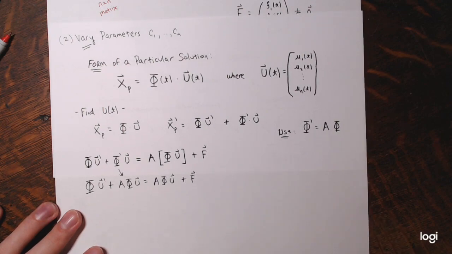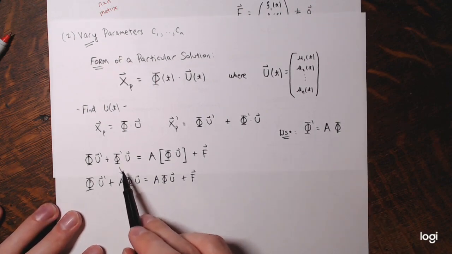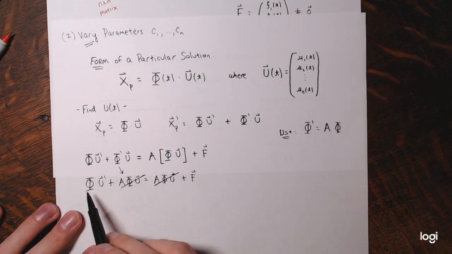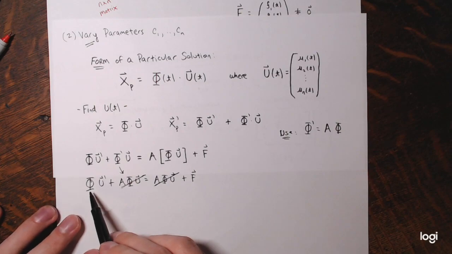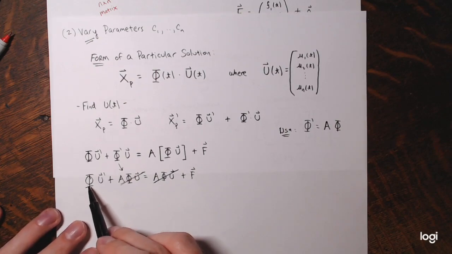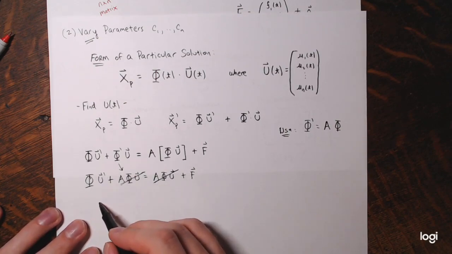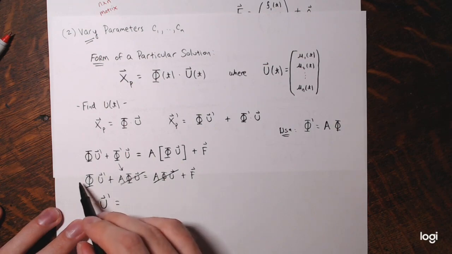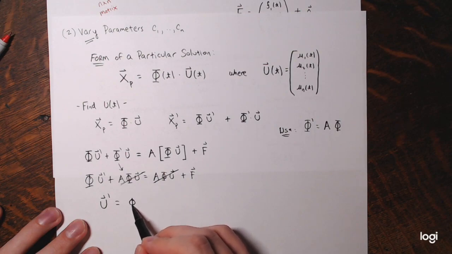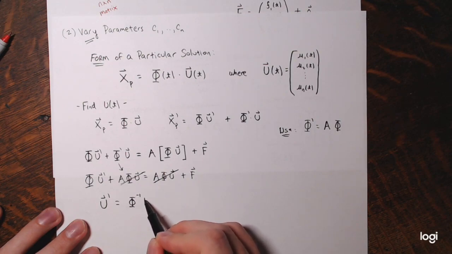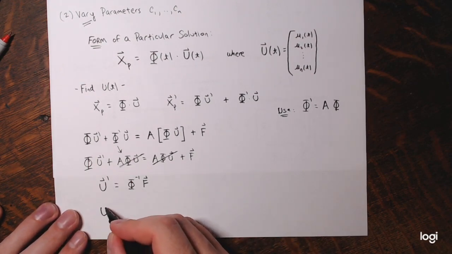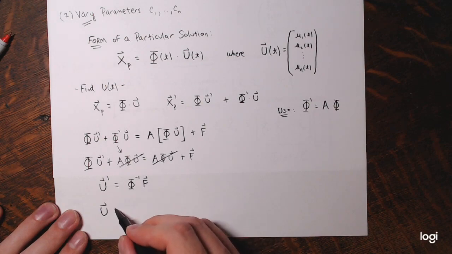The reason I made that substitution is that now these terms cancel, and phi, being made up of n linearly independent solutions, should be invertible. I multiply both sides by the inverse, and we get u prime equals phi inverse, phi with the little minus 1 on it, times vector f. And then for u, I just integrate with respect to t.